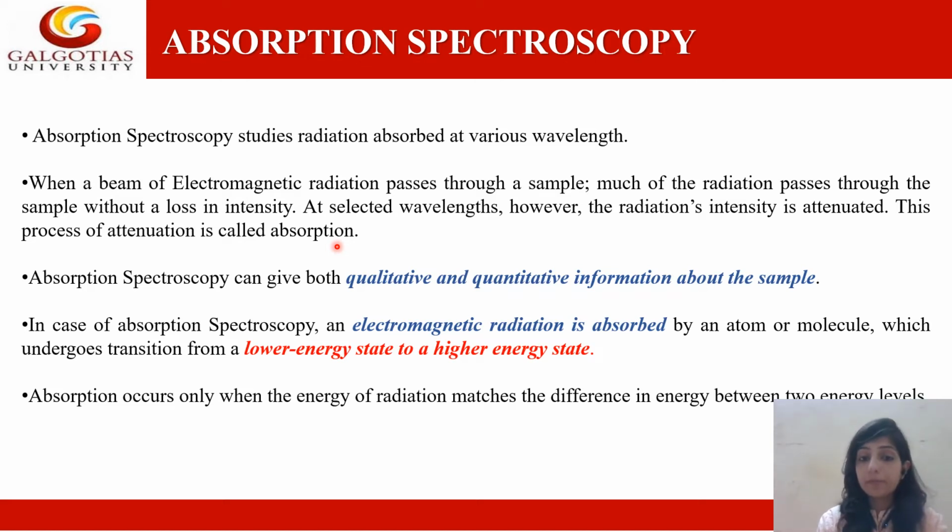Whenever you pass your electromagnetic radiation through a sample, your sample contains certain absorbing species. So your sample, which is present in the ground state, after absorption of electromagnetic radiation, gains energy and shows a transition from the ground state to the excited state, that is, an electronic level transition occurs.